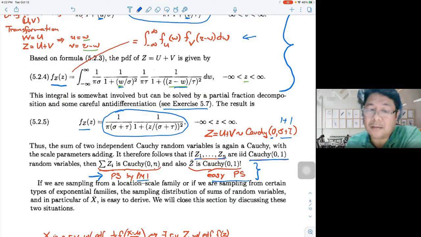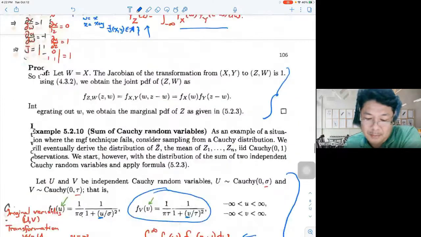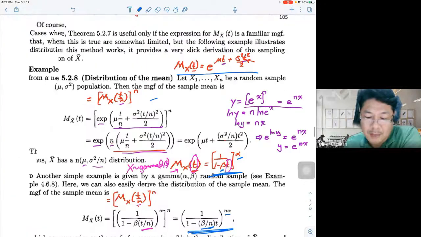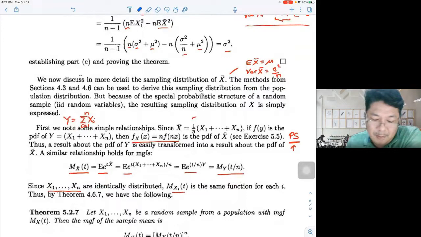So it is very easy to prove that one. Did you get me? That is the relationship between Y, which is the finite sum of the random variables, and the sample mean.